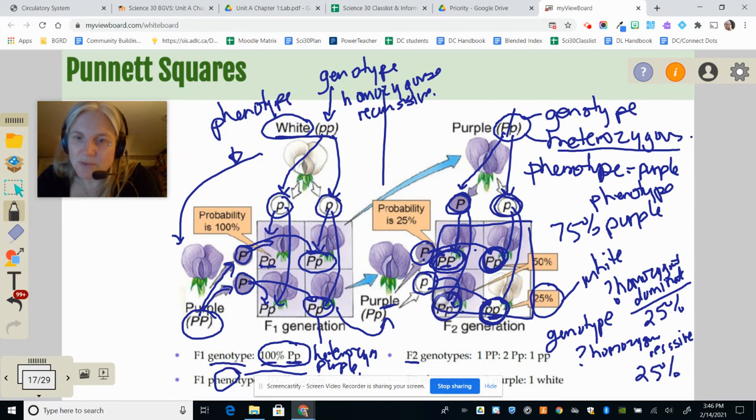Heterozygous, big P, little p. 50% are heterozygous. All right, so there's an example worked through on how we use the Punnett square to figure out the percentage of what the offspring are going to look like. This just gives us a probability. It doesn't always give us the exact amount. It's just the probability of, if you were to reproduce, what the chances are of having this certain combination.